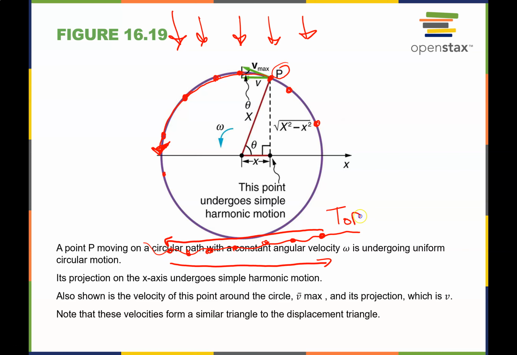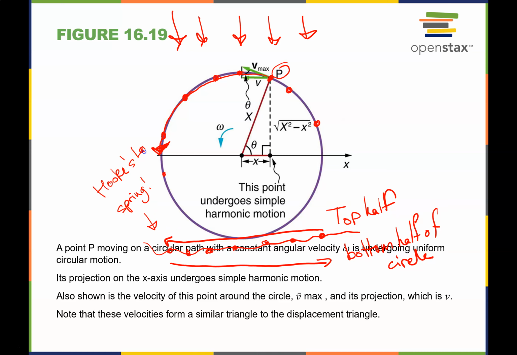So this is the top half, and this is the bottom. If we wanted to, that is one way that we could track the circular motion, and we simplify it into just simple bouncing back and forth, aka a spring. Think Hooke's law. Hooke's law comes into play a lot in this chapter because it basically describes what happens when something bounces back and forth, and that's exactly what one oscillation is.